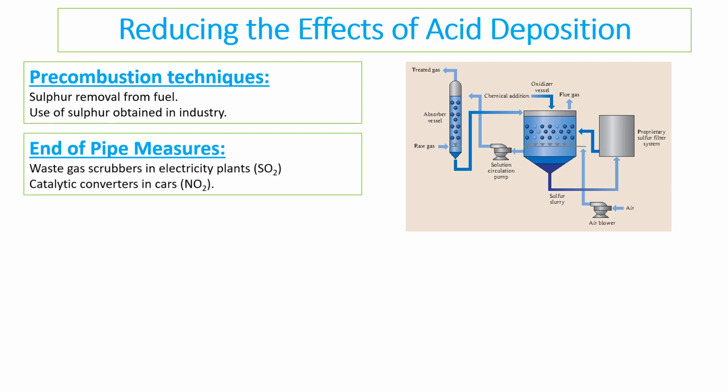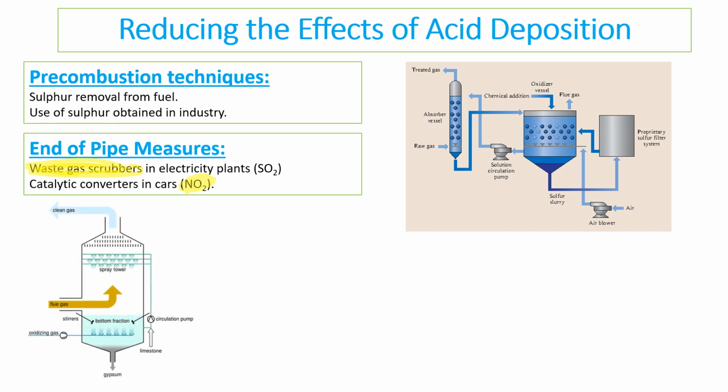We can also do what we call end of pipe measures. So basically at the end of a power station where the gases are released, we can have something called a waste scrubber. Now a waste scrubber, you don't need to know how it works, but effectively it catches the sulfur dioxide and nitrogen oxide. And also an example of this at a more individual level, which most people's cars now have, is something called a catalytic converter, which prevents the release of nitrogen oxide.